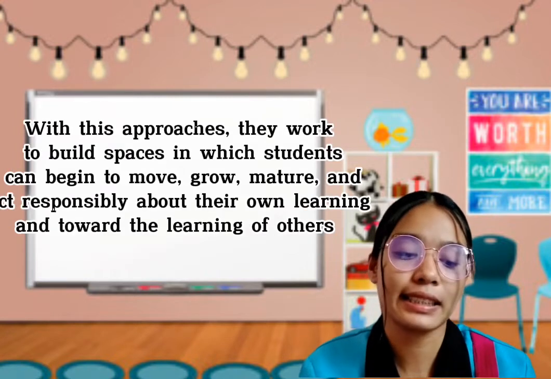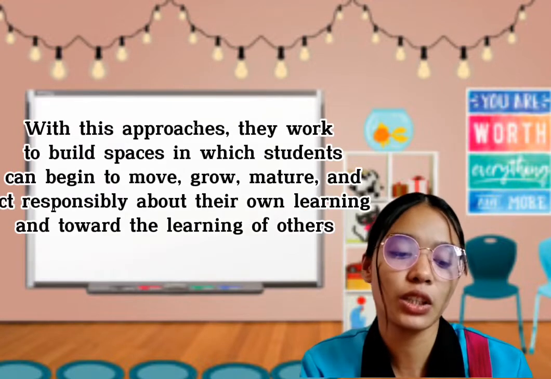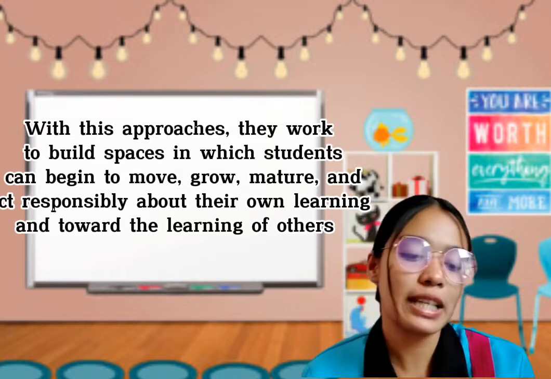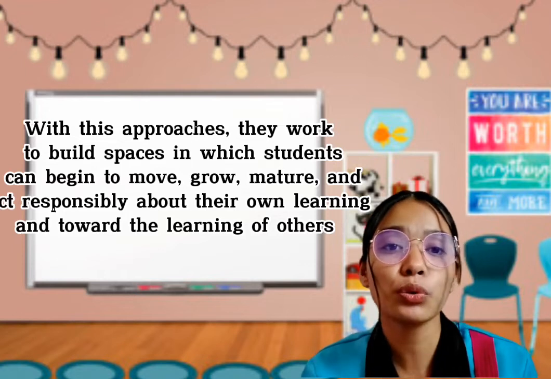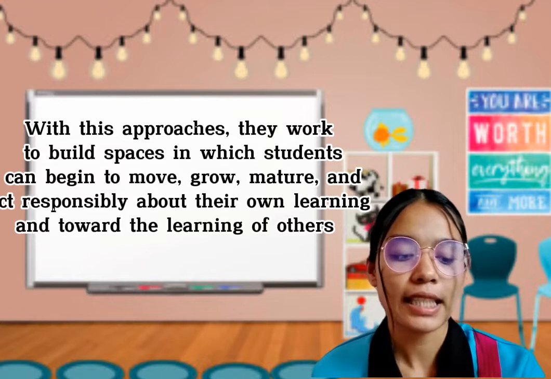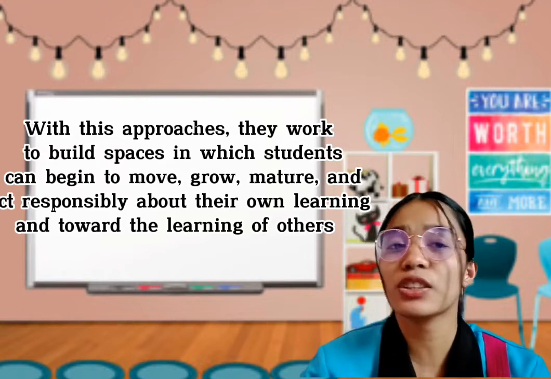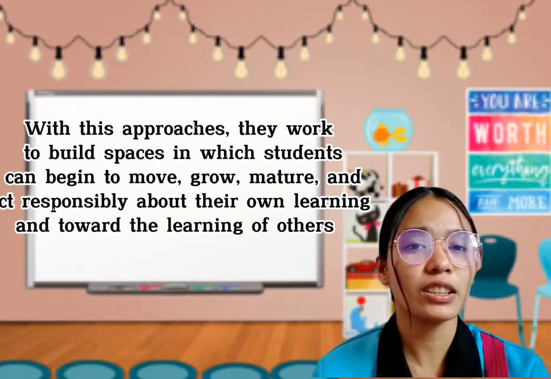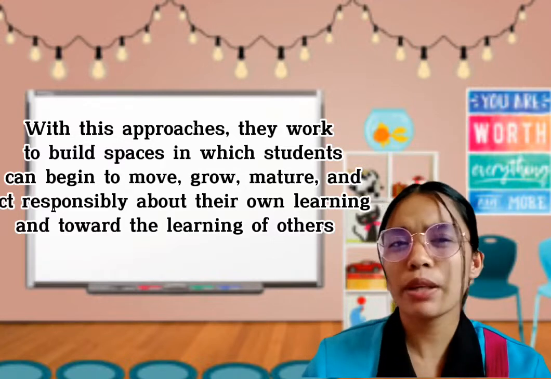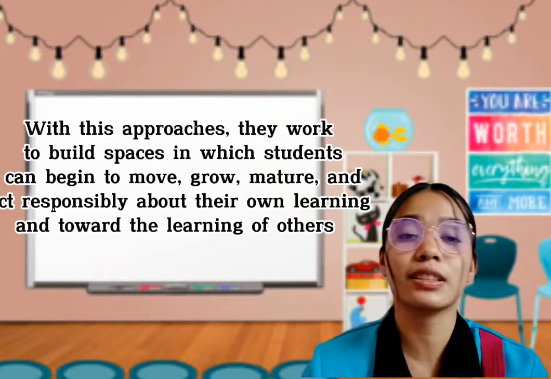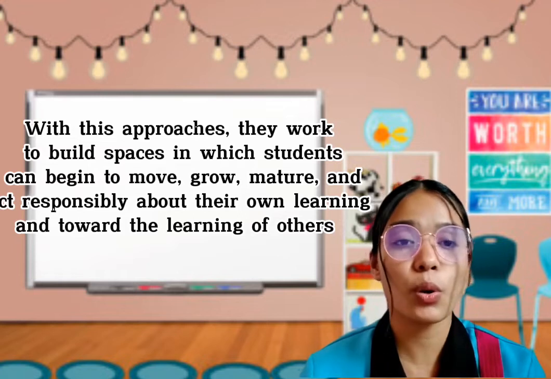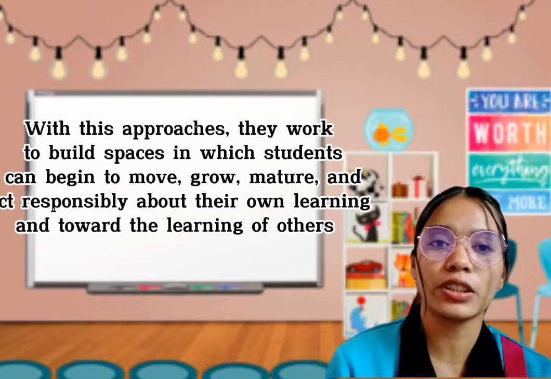With these approaches, they work to build spaces in which students can begin to move, work, grow, mature, and act responsibly about their own learning towards others. So this means that students are not just acting as students, because in this stage they begin to move, grow, and be mature enough in words and actions, and they move responsibly on their own learning towards others.